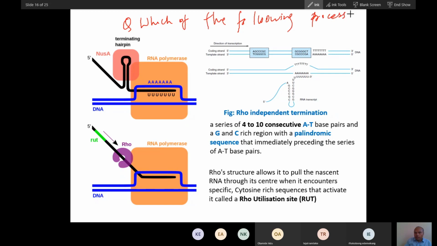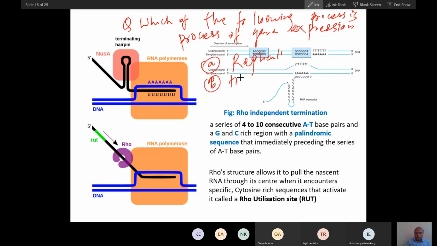Options: replication, transcription, translation, and a fourth option, post-transcriptional modification, post-translational modification.